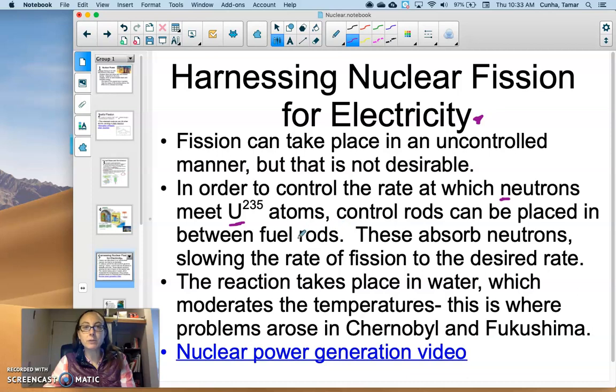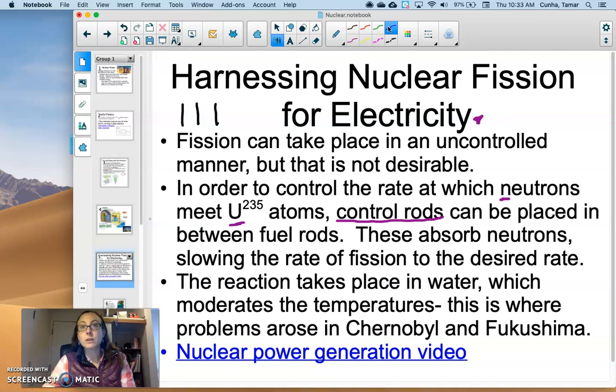And we do that in 2 different ways. One is that we have control rods, which are usually composed of boron. So if we were to imagine this, we've got the fuel rods of uranium, and as fission is taking place inside there, they're sending neutrons off, and those neutrons can stay within the individual fuel rods, or they could go between the fuel rods.